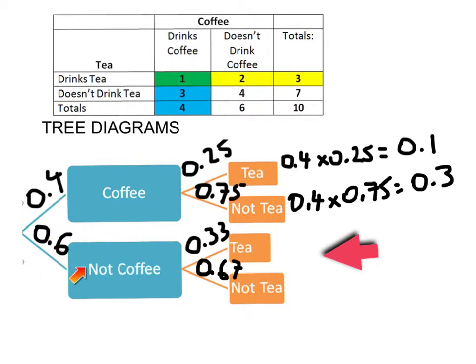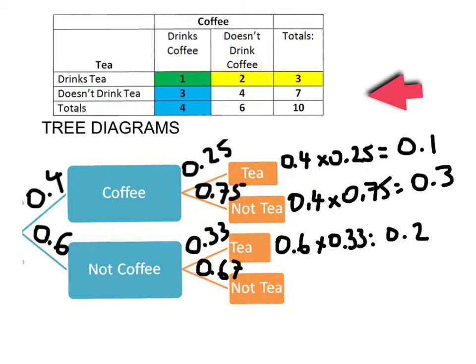Our 0.6 by 0.33 is roughly 0.2 rounded, and of our 0.6, 0.67 do not drink tea. So we multiply those 2 branches together, and that's about 0.4.